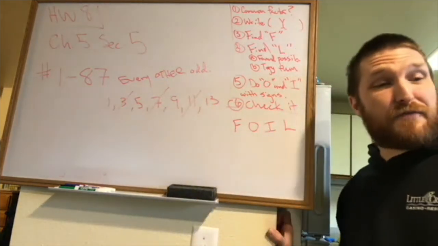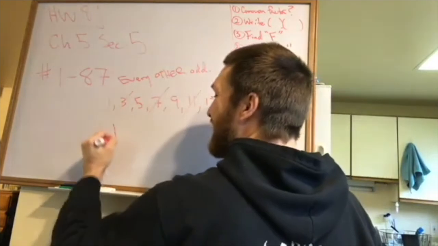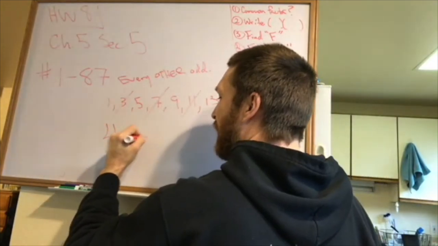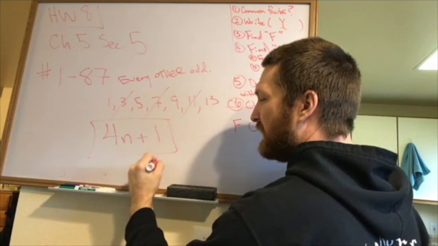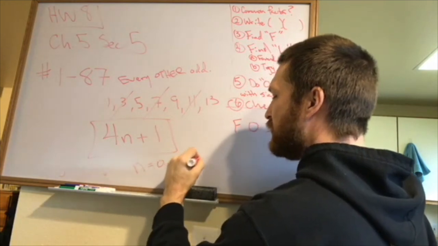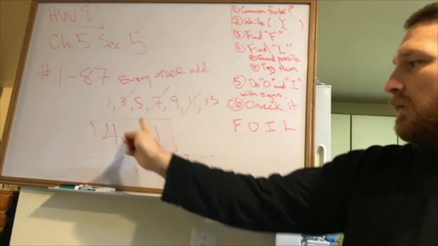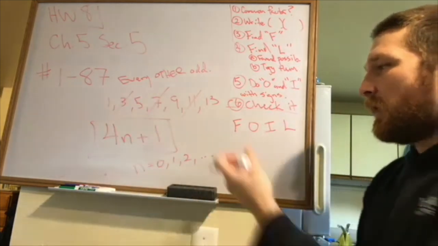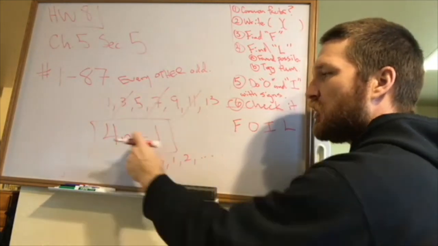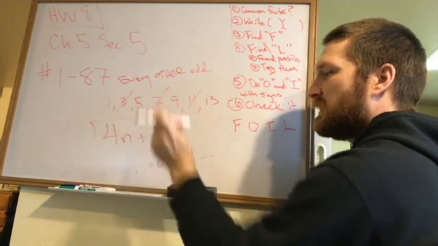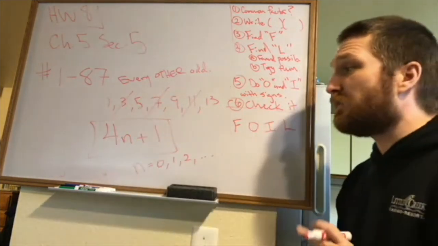Now, if you want a nifty formula, it's actually 4n plus 1, where n is equal to 0, 1, 2, and so on. Plug in a 0, you get a 1. Plug in a 1, you get a 5. Plug in a 2, you get 8 plus 1 is 9. Plug in a 3, you get 12 plus 1 is 13. Oh, nifty formula.